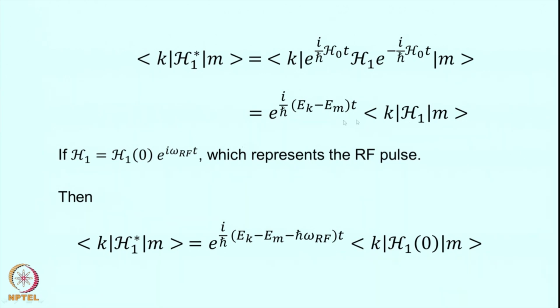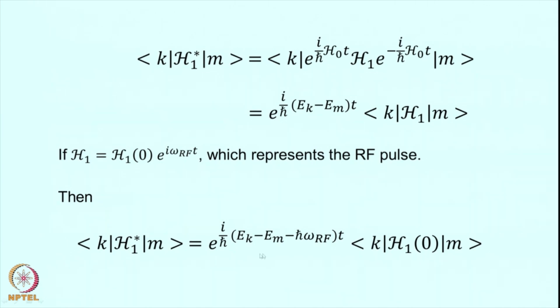Now notice this is the energy difference between the two states K and M. Now if I substitute H1 is equal to H1 0 e to the I omega RF t, because this is my RF, the rotating frequency, and this represents your RF Hamiltonian, right.